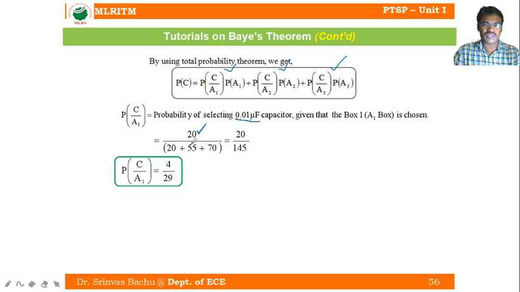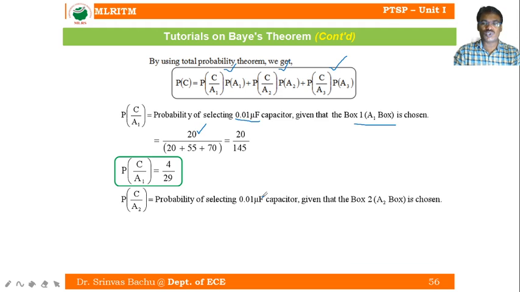So out of this 20, I am selecting one capacitor, 20 C1 ways. But in box A1, how many are there? 20 plus 55 plus 70, so it is 20 by 145. This is the probability of selecting a 0.01 microfarad capacitor given box A1.